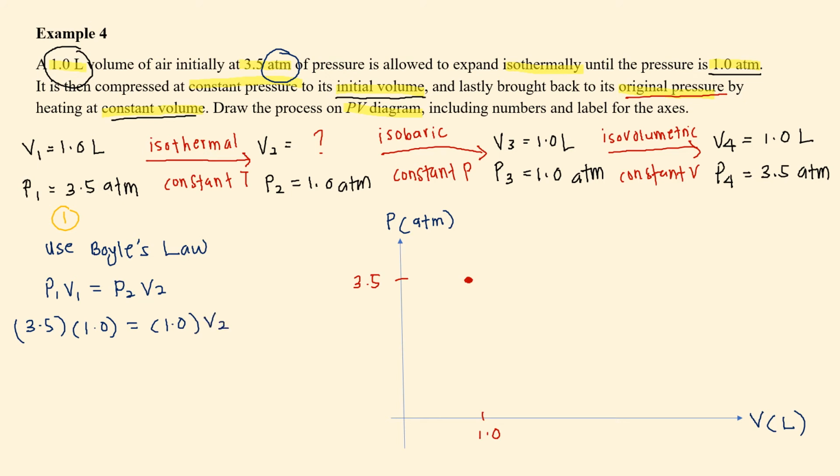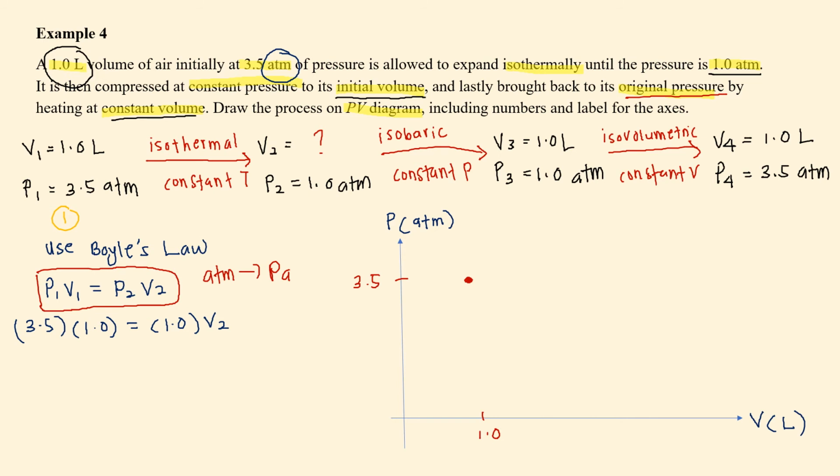And then V2. Okay, if you're wondering here, kenapa kita tidak perlu convert daripada atm kepada Pascal untuk equation ni. So apabila kita guna equation ni kan, disebabkan P1 dengan P2 adalah sama unit, kita boleh cancel out. So we don't need to convert to Pascal.